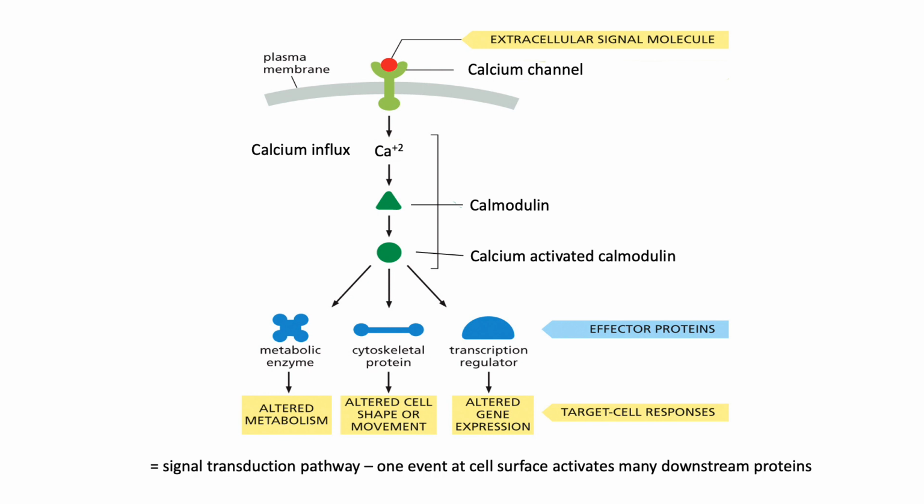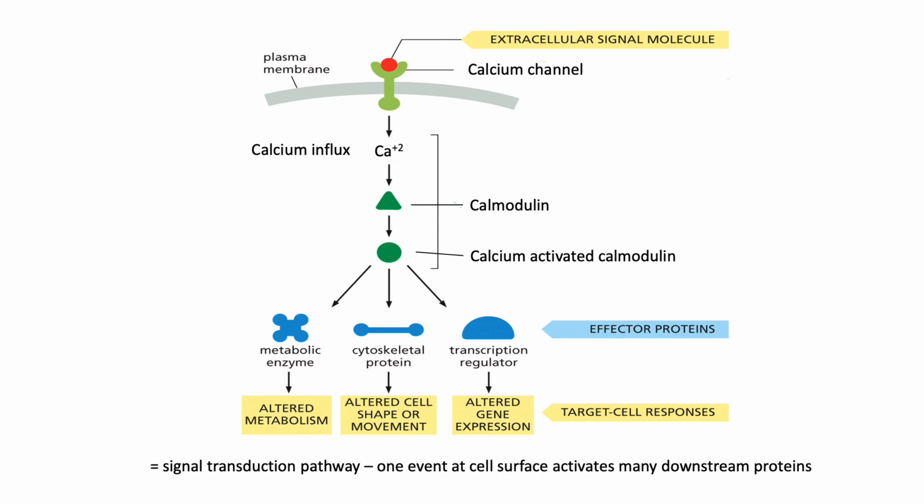And this is only showing 3 classes: metabolic enzymes, cytoskeletal, transcription regulators. There could be transcriptional repressors that are bound, which would turn off gene expression. Could be translational regulators. So you can see how the entire physiology, the entire behavior of the cell can change by the flow of calcium.